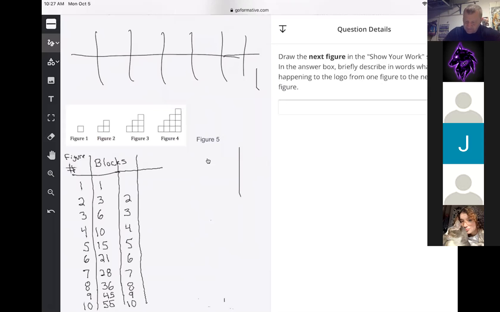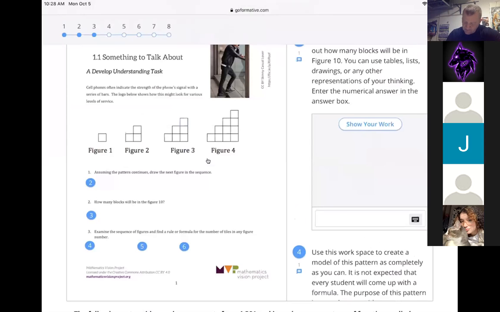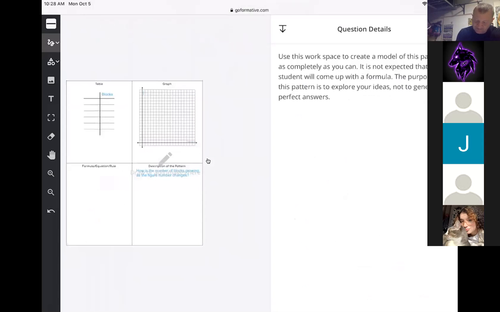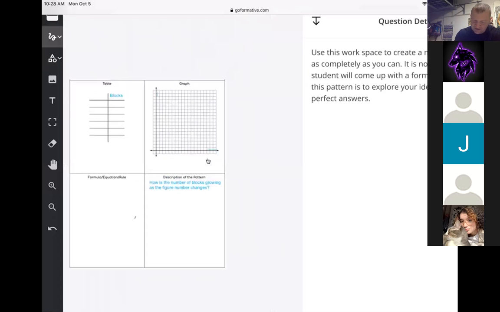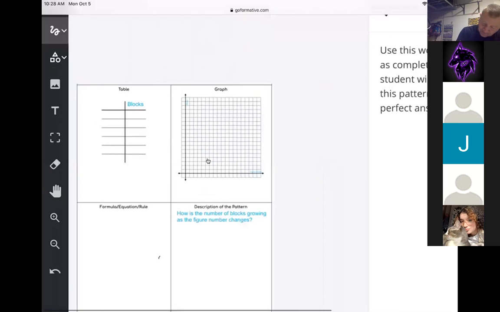So actually, now that I'm opening this up, right here on 4, we have that table. So can you guys open this up, please, if you haven't already? And then it was just like 1, 2, 3, 4, 5, 6.